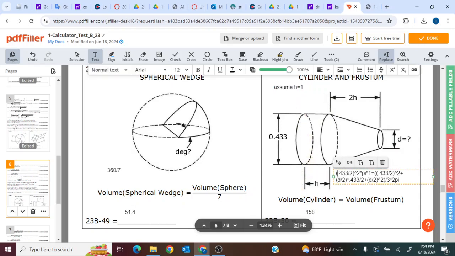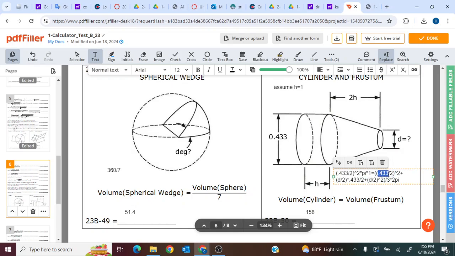If you do 0.433, you can do the volume of a cylinder, which is radius squared times pi times height. So diameter over 2 is your radius, squared, times pi times your height of 1. And all that is equal to the volume of the frustum, which is 1 radius squared plus the 2 radii multiplied together plus the other radius squared.